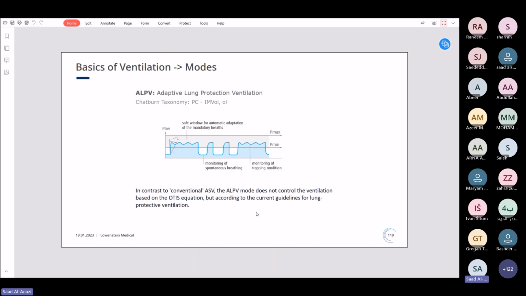So this mode is really lung protective ventilation using the guidelines, not the Otis equation. As you see, there is monitoring for spontaneous breathing and the safest windows for the automatic mandatory breath. And they have an open window for the pressure max and pressure min.